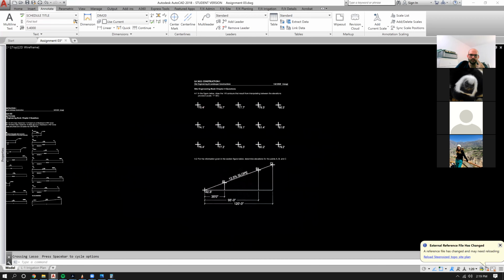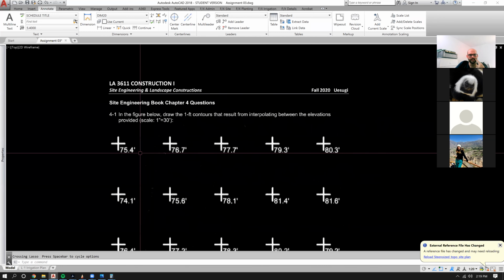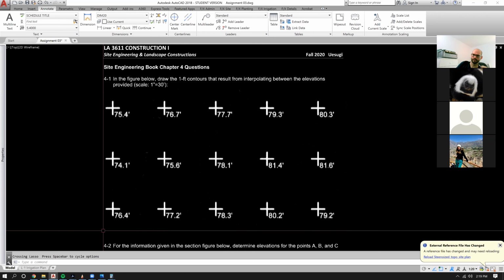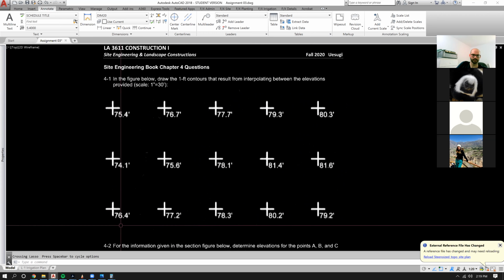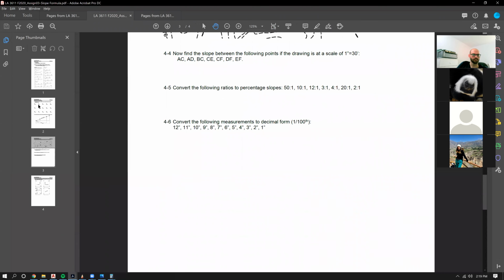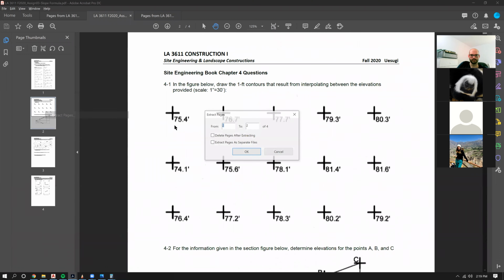Does everyone here understand how to do these? Do we want to go through a few of these? Yeah. Okay. Let me bring this page into my thing really quick.